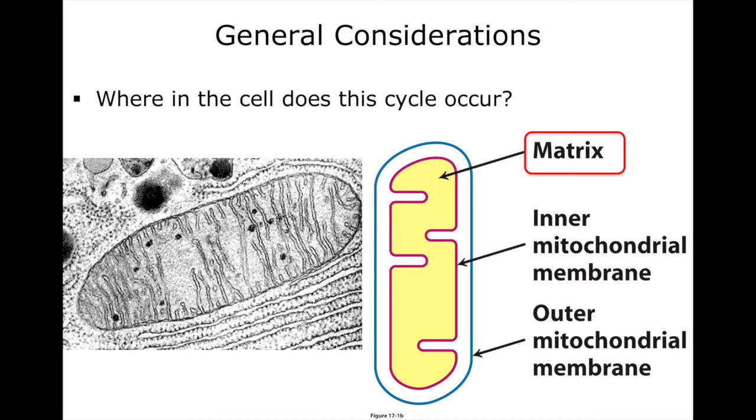So where does the citric acid cycle occur? Well, glycolysis, of course, occurs outside in the cytosol. The citric acid cycle occurs in the matrix of our mitochondria, which would be the inner part here. So our enzymes for the citric acid cycle are predominantly in the matrix.